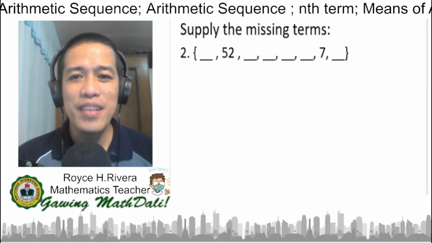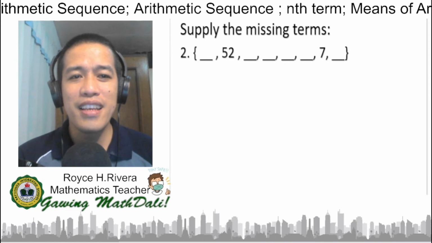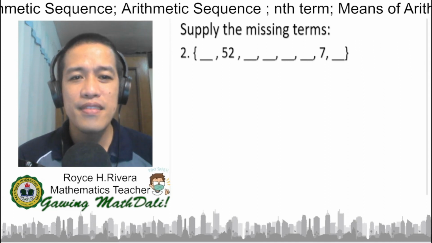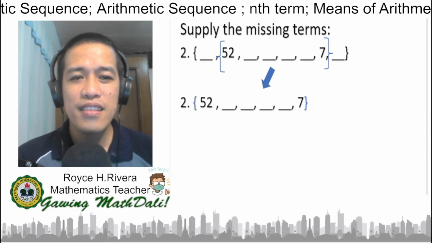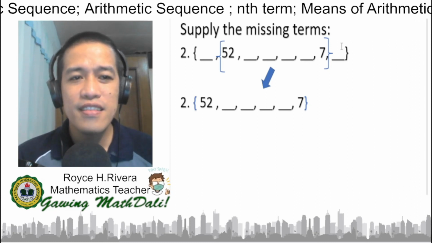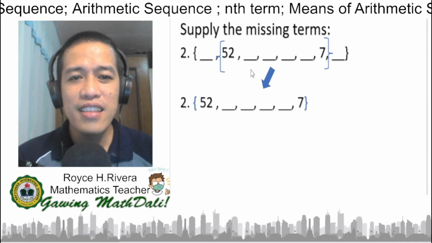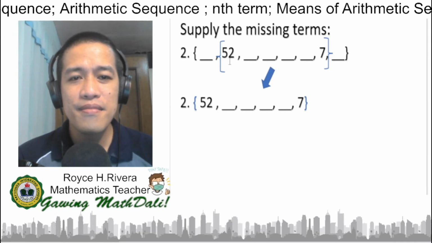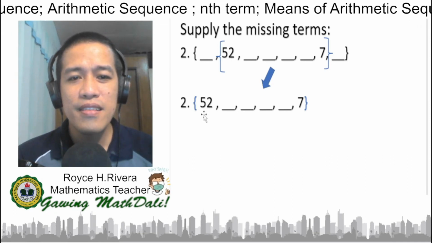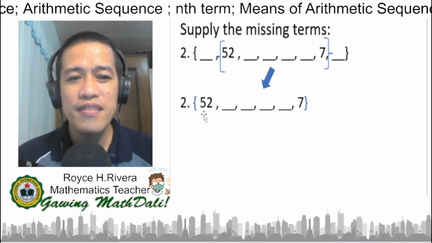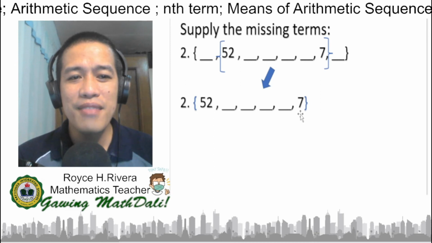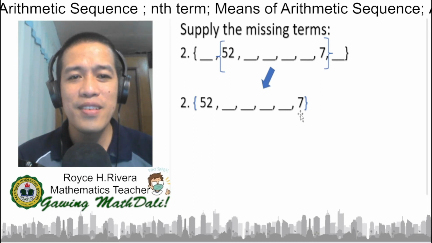Ganito lang ang gagawin natin sa mga items na ganito. You need to regroup. Rewrite the set as 52 as our first term and 7 is our last term.